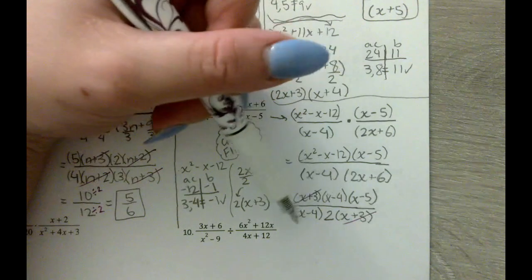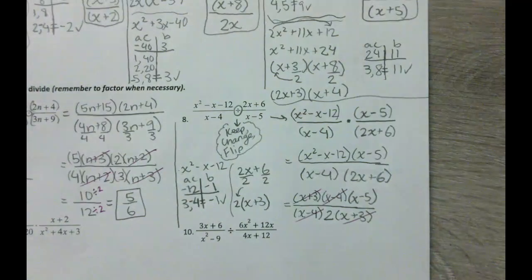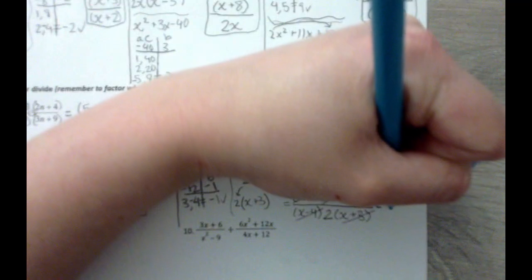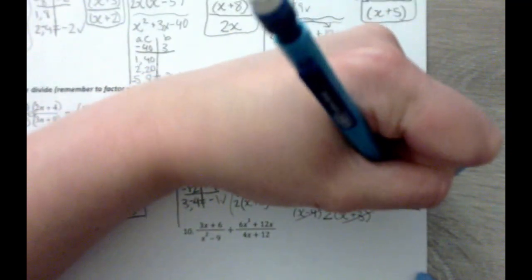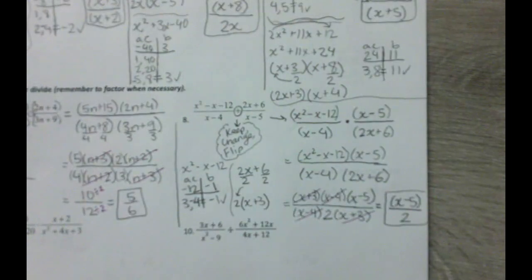X minus 4 on top, x minus 4 on bottom, those can cancel. X minus 5 on top, but we do not have 1 on bottom, so we are done canceling. So come over one more time and rewrite for your final answer. X minus 5 over 2. And that is it.